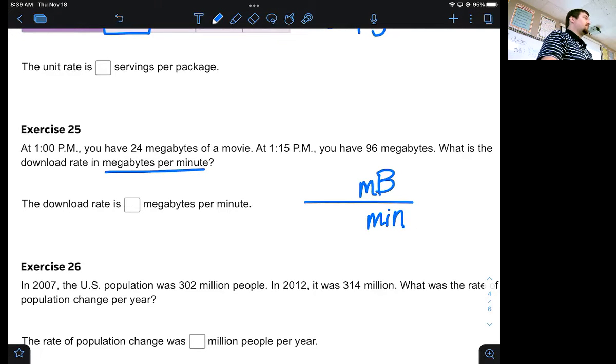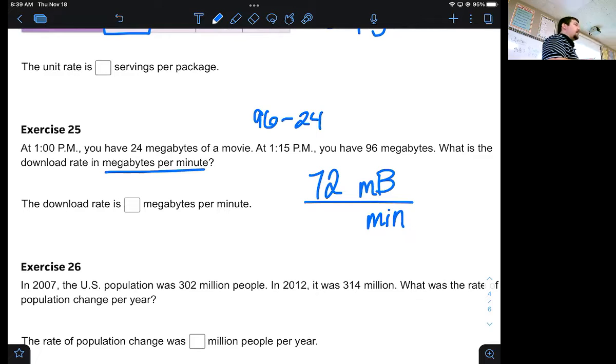Thomas? Say it again. That's exactly what I do. Go ahead and do that for me. 96 minus 24. We started at 24. We ended at 96. I don't know if the movie's done downloading or not, but that's how much we downloaded in 15 minutes. How many megabytes did we download in that time frame? Nice job. We downloaded 72 megabytes in that time frame.